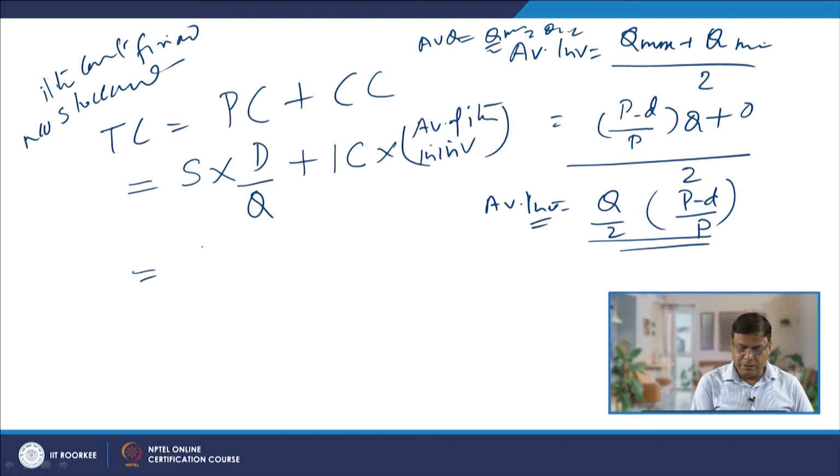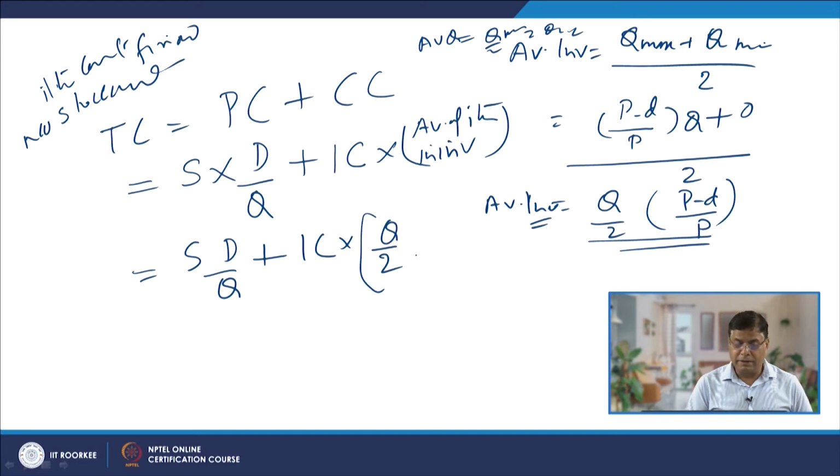So, now S D by Q plus I C into the average inventory equation for the gradual replenishment model, which is Q by 2 into (P minus D) by P. So, that is what will be giving us the total cost.